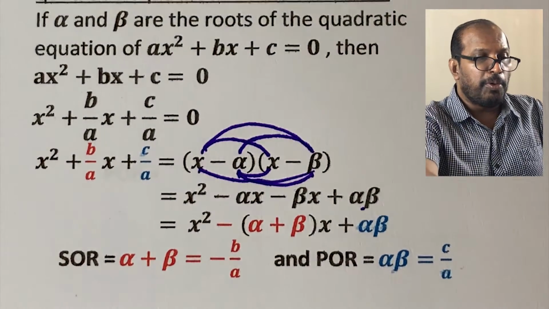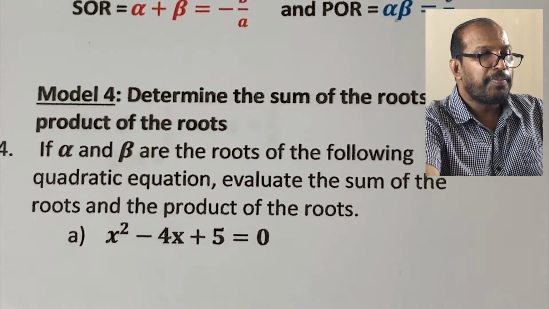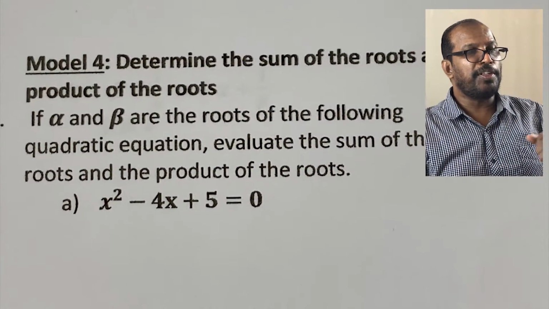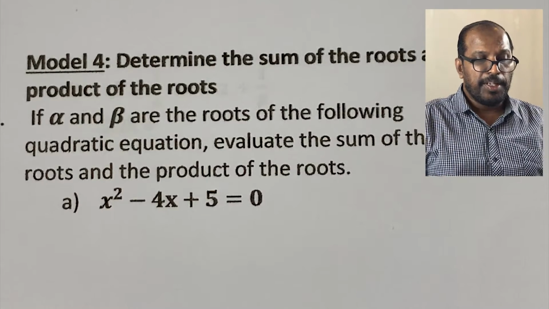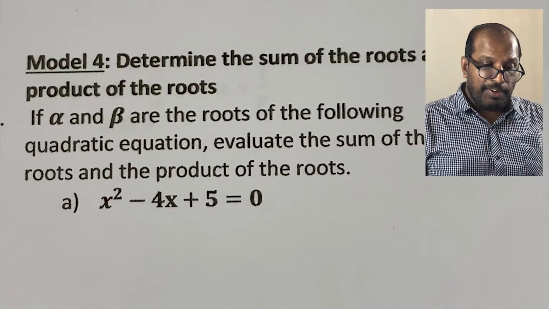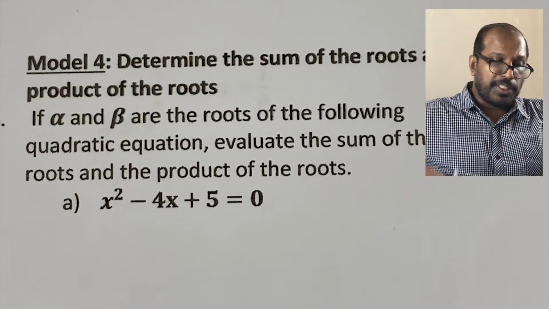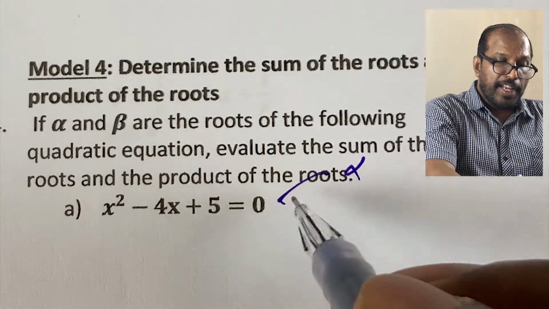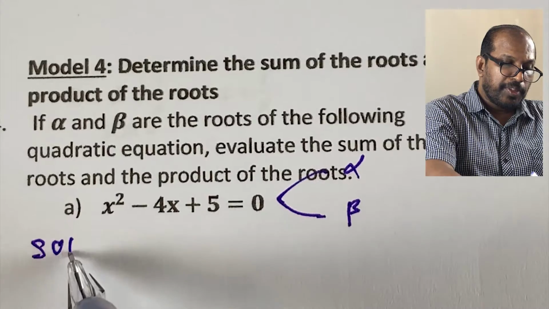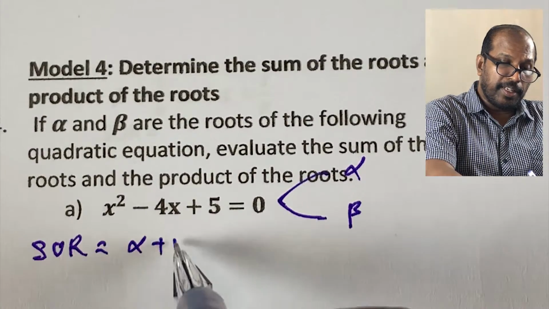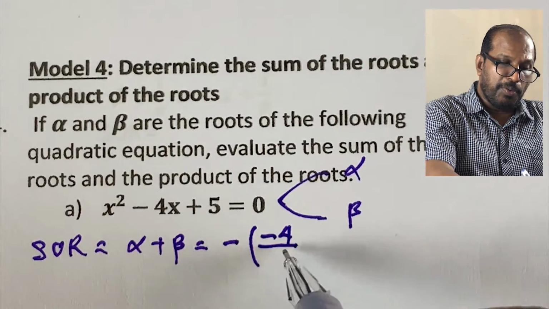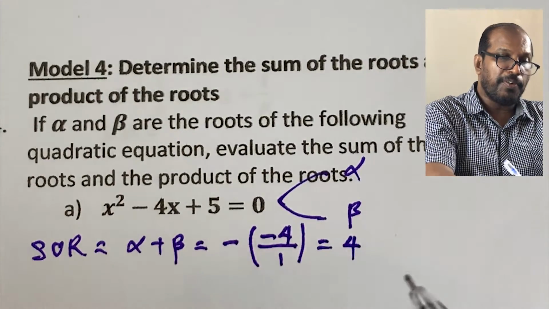Now we're going to model 4. Under model 4, the first question we are looking at is: alpha and beta are the roots of the following quadratic equation. Evaluate the sum of the roots and the product of the roots. Since this has a root alpha and this is a root beta, the sum of the roots, alpha plus beta, equals negative b over a, so negative negative 4 over 1, which gives you 4.